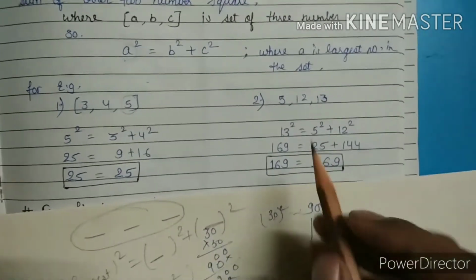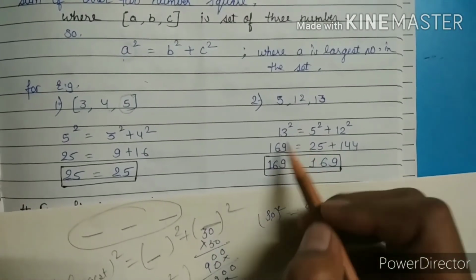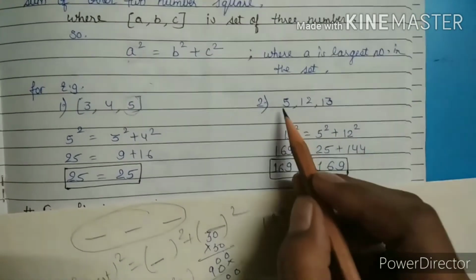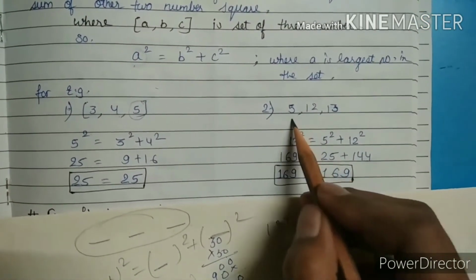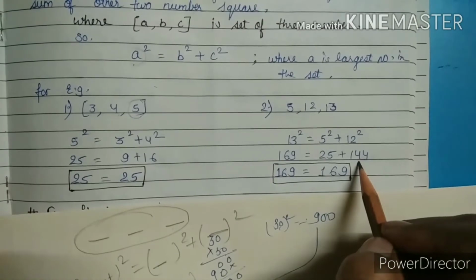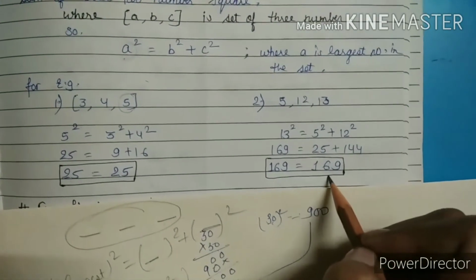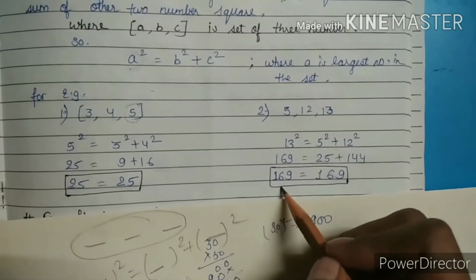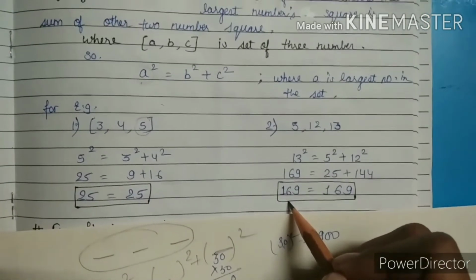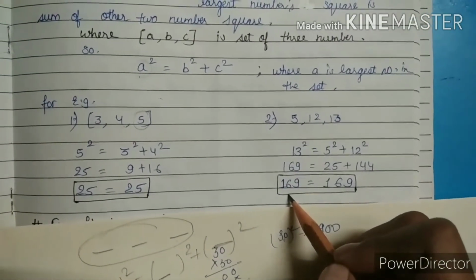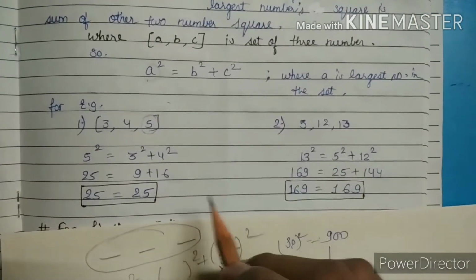In the same way, in the set 5, 12, 13, 13 is the largest number. 13 square is 169. The smaller ones are 5 and 12. Their squares are 25 and 144. After adding them, we got the same value as 13 square. So these are the examples of Pythagorean triplets.